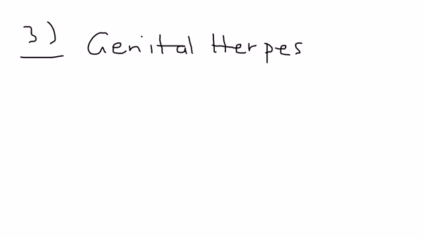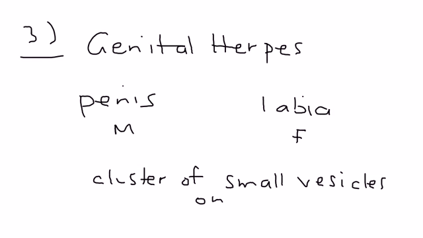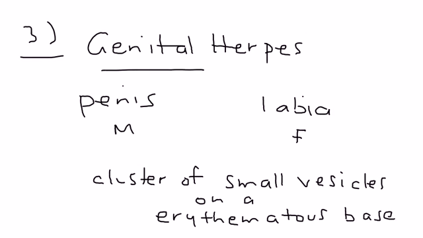And basically what you have is, on either the penis in a man or the labia in a female, the very similar cluster of small vesicles on an erythematous base. So very similar to the previous description, but this time it's appearing in the genital area.